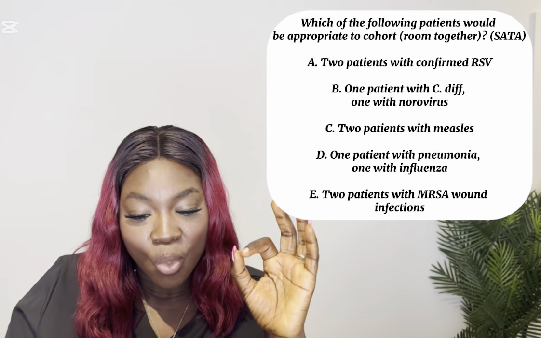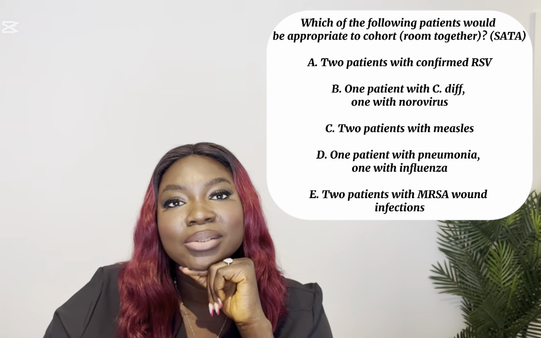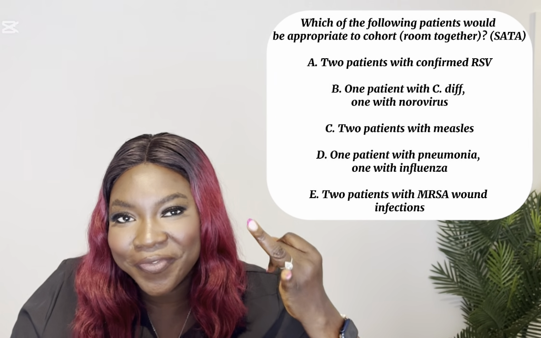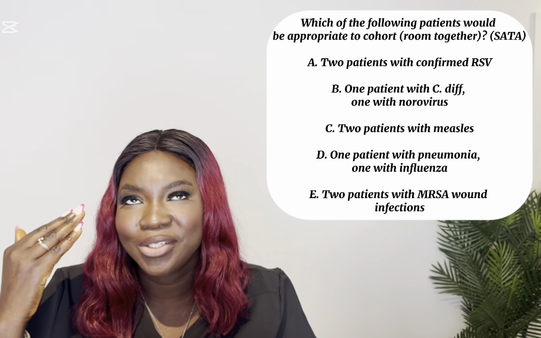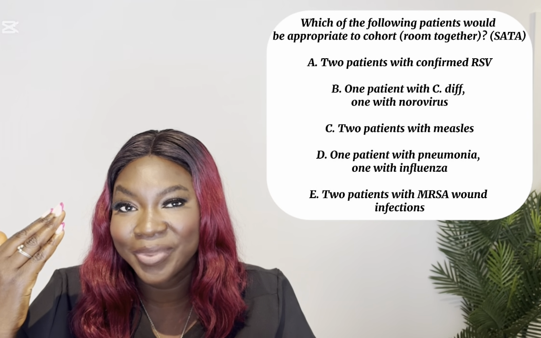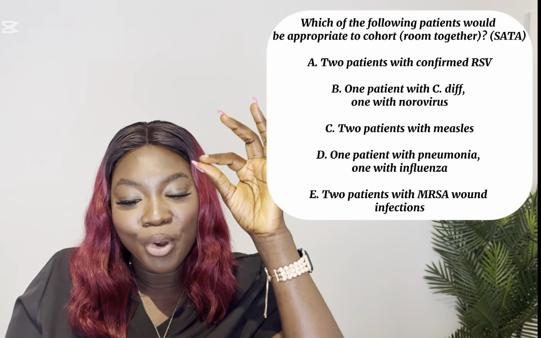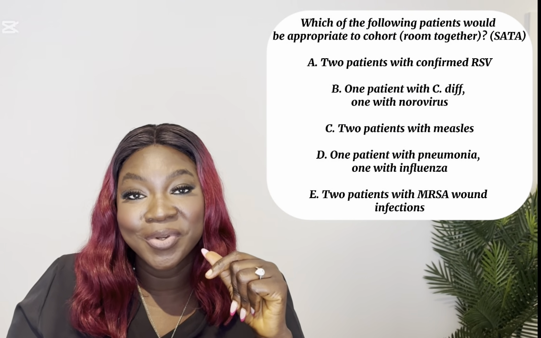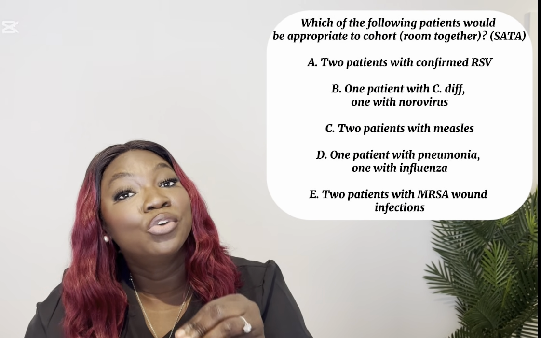Now, B, 1 patient with C. diff, 1 patient with norovirus. Absolutely not. Now look at this. Both C. diff and norovirus are contact precautions. So you might think, oh, they both are going to go in contact isolation. Now here's the twist. Both C. diff and norovirus have different pathogens, and that is why you cannot cohort them.